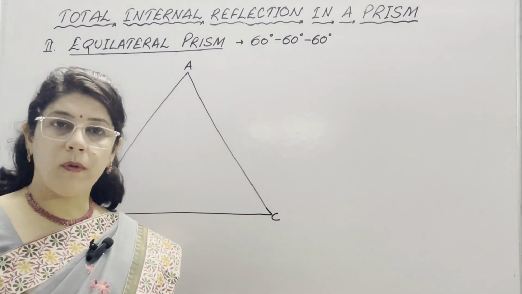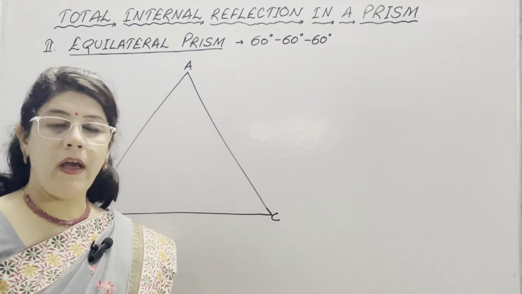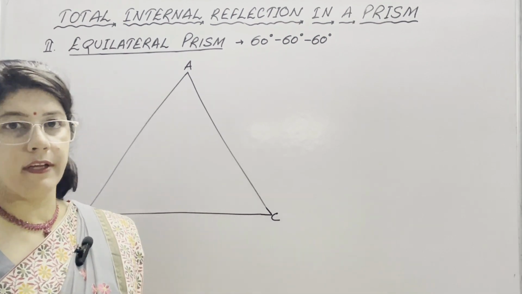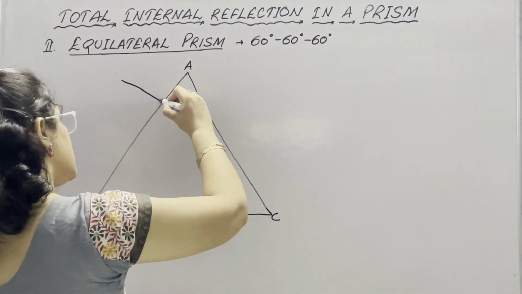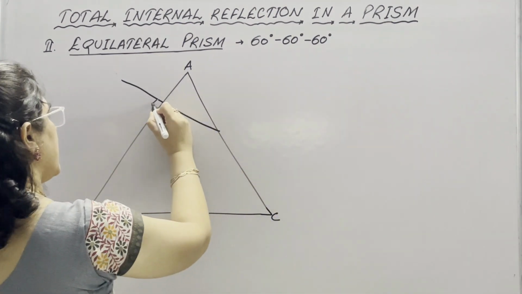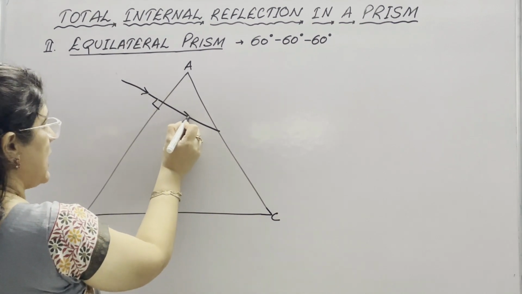Now we are going to talk about a prism which is equilateral, having all the angles of 60 degree. When a ray of light strikes normally on the surface of a prism, making an angle of 90 degree, it passes undeviated.